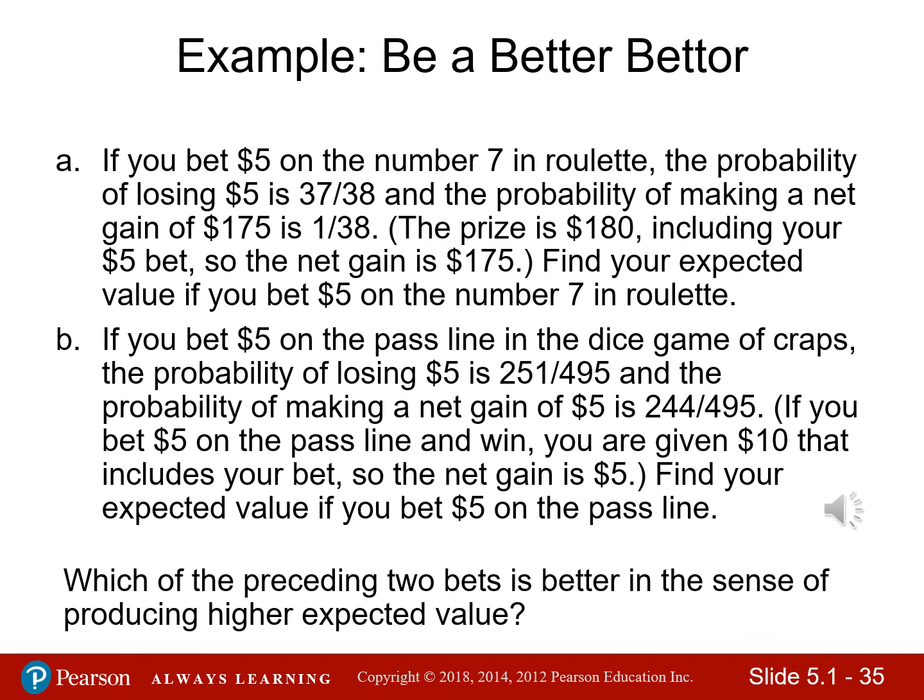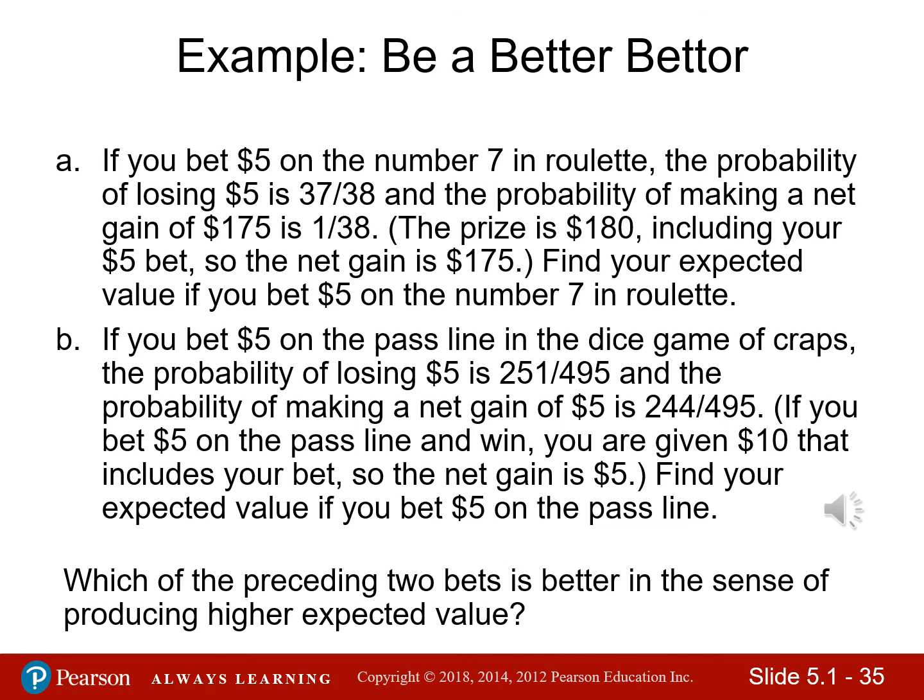Or if you bet $5 on the pass line in the dice game of craps, the probability of losing your $5 is 251 out of 495, and the probability of making a net gain of $5 is 244 out of 495.